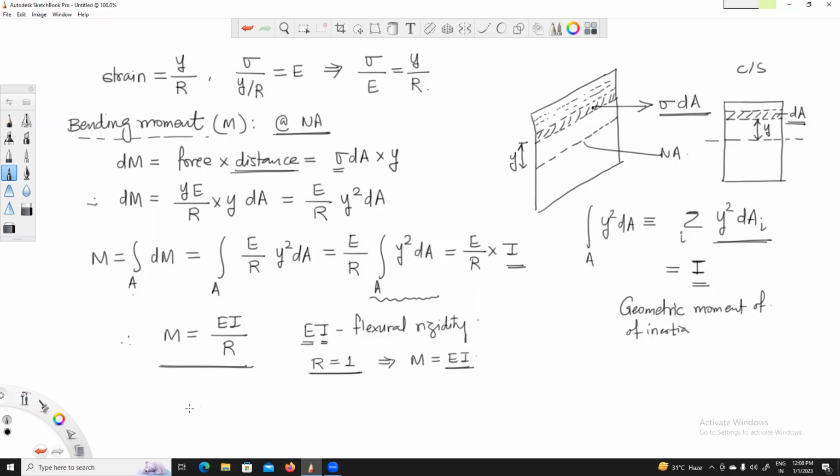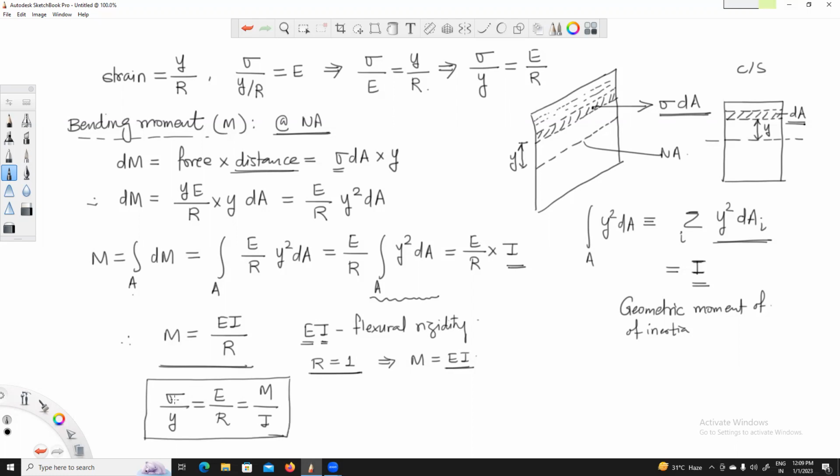So finally, what we have got over here is, if you look at this, you have E over R here. So let me modify this expression as sigma over Y is equal to E over R. And from this expression, you can write E over R as M over I. So you have got this relation here: sigma over Y is equal to E over R, and from this relation, E over R is equal to M upon I. So this is what we got for any kind of beam.